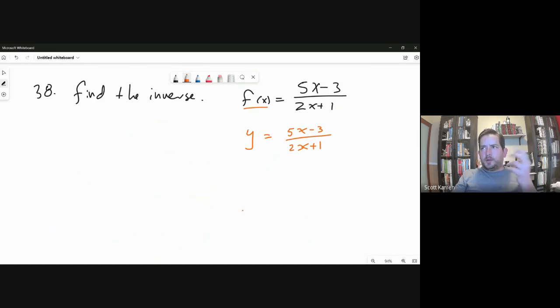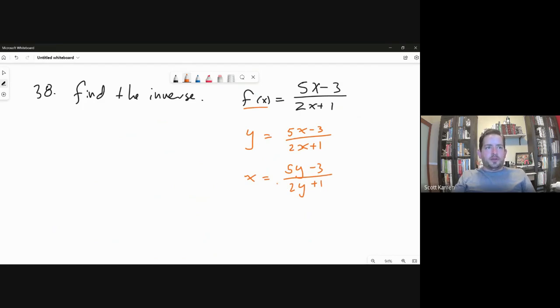And then I'm going to swap my x's and my y's. So this y becomes an x, and then my x's on the right-hand side become y's. And then I want to solve this thing for y.